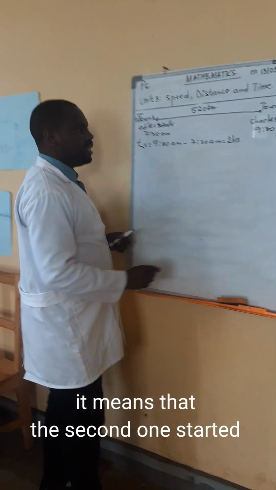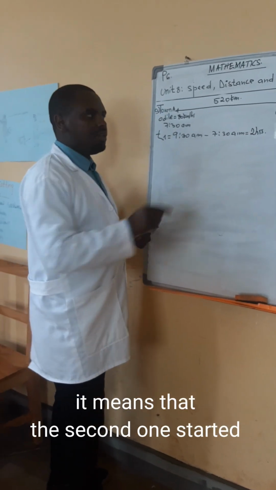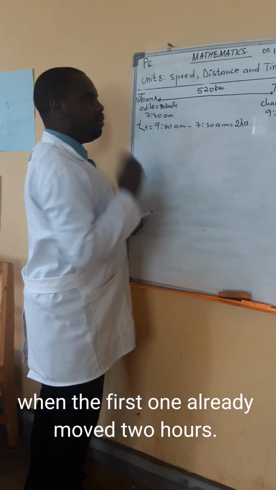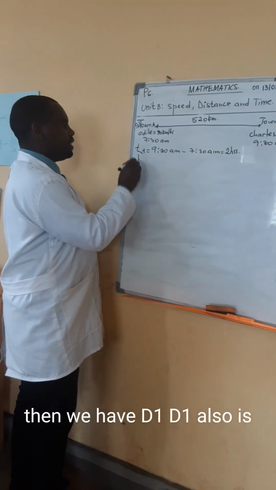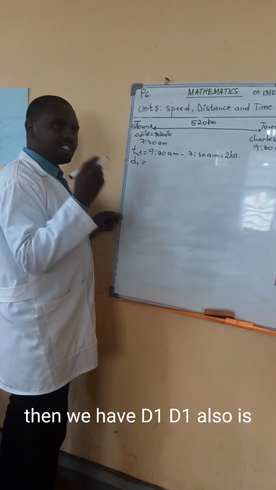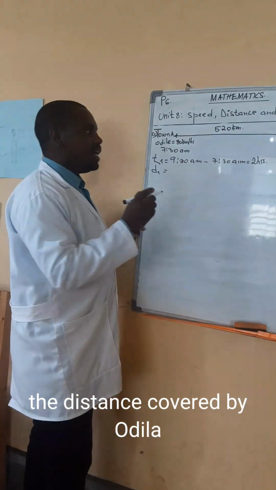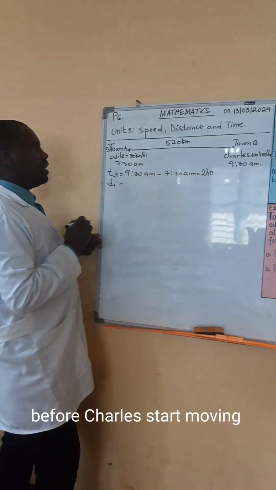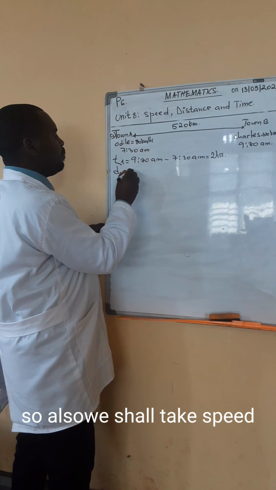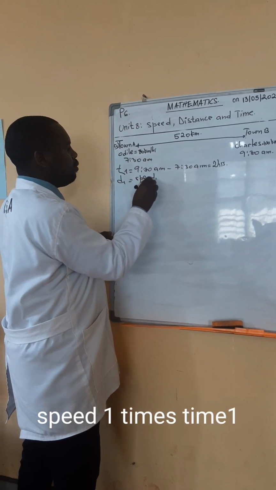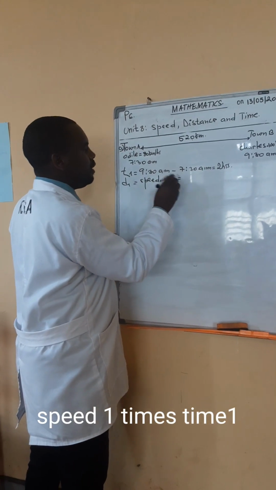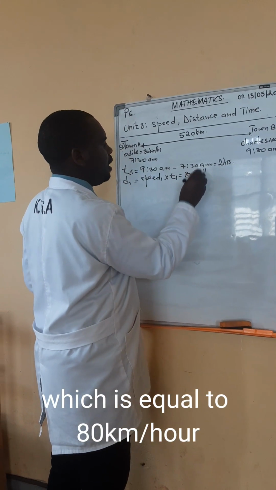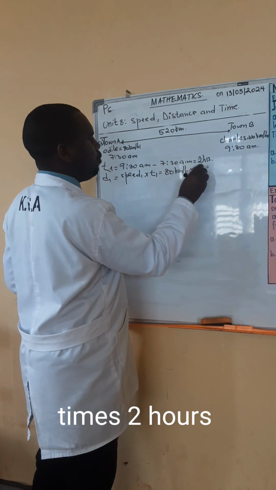It means that the second one started while the first one already moved 2 hours. Then we have D1. D1 also is the distance covered by Odile before Charles started moving. So also we shall take speed 1 times time 1, which is equal to 80 kilometers per hour times 2 hours.